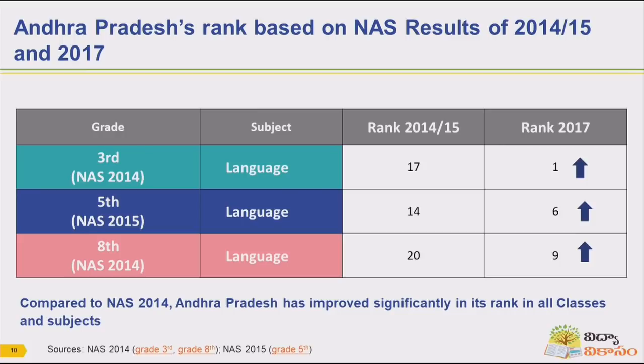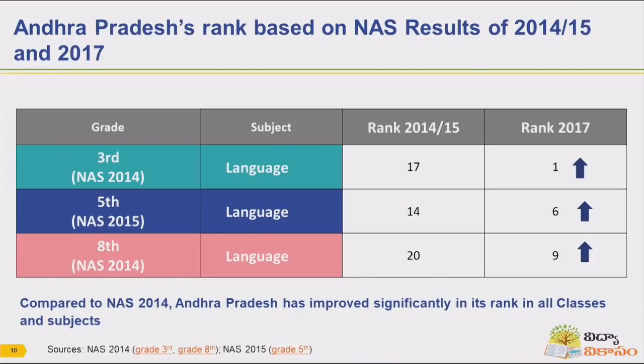In class 5 we were 14th rank in 2014-15, but now significant growth was observed, and we are in rank 6. In class 8 we were 20th rank, now we are in rank 9. So, compared to NAS 2014, AP has improved significantly in its rank in all classes and all subjects. It is a very good improvement in our students' performance.